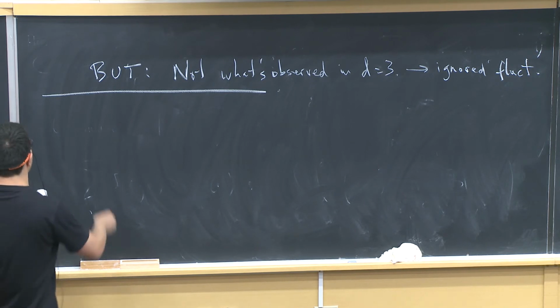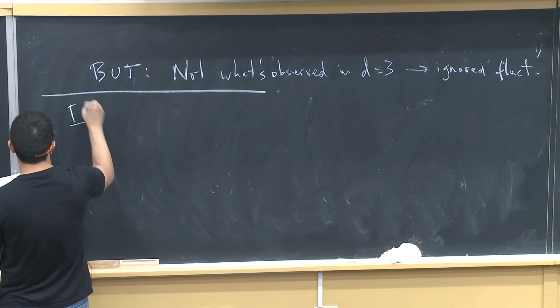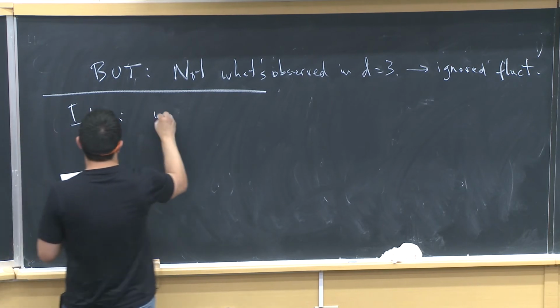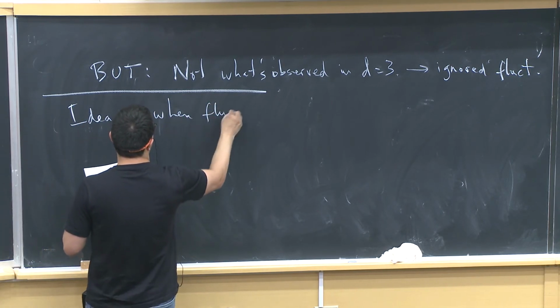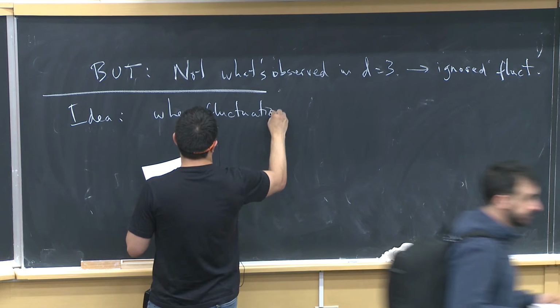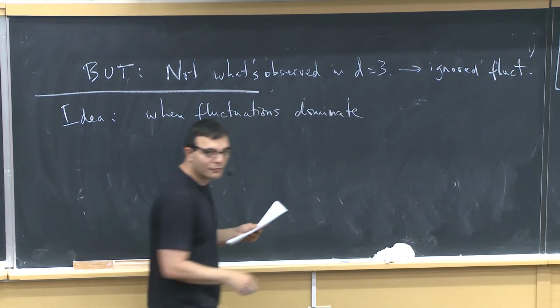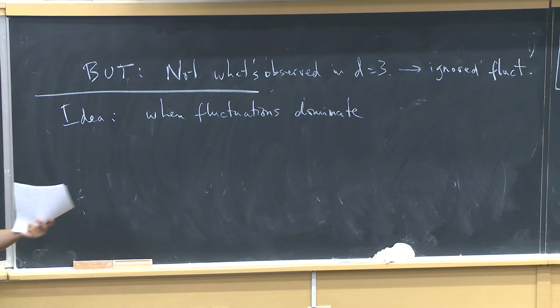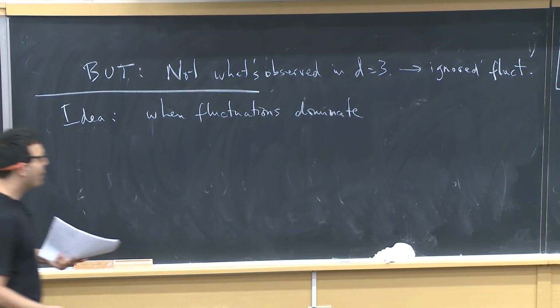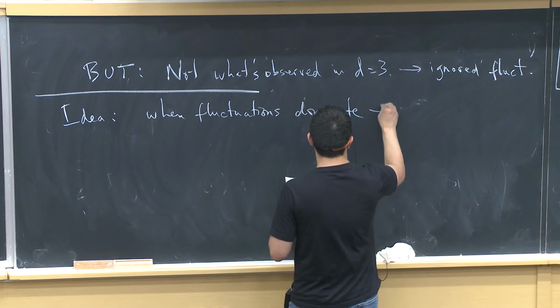The idea is that we have the classical term and we have the fluctuations. When the fluctuations dominate, we can just ignore the classical term.